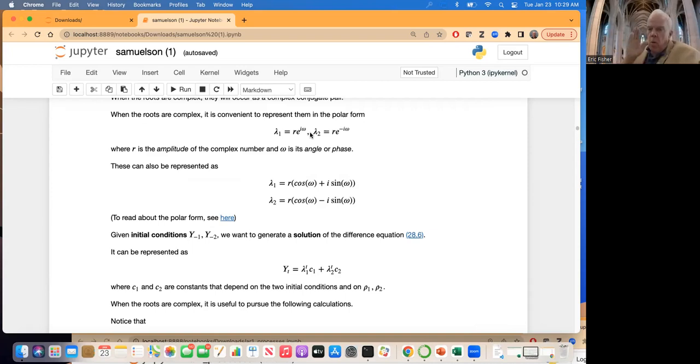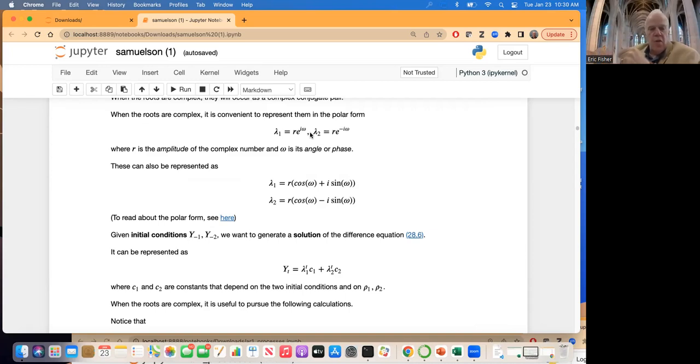So what the complex number is telling you with its magnitude, r, is how big it is. And if r is less than 1, as r to the t gets to be a bigger and bigger number, it's squeezing, but omega keeps sweeping around. So all that tells you is how quickly it cycles.